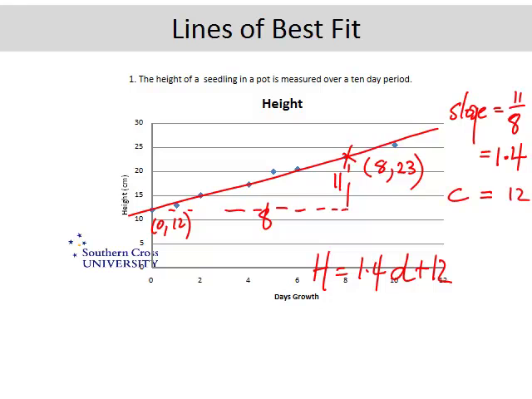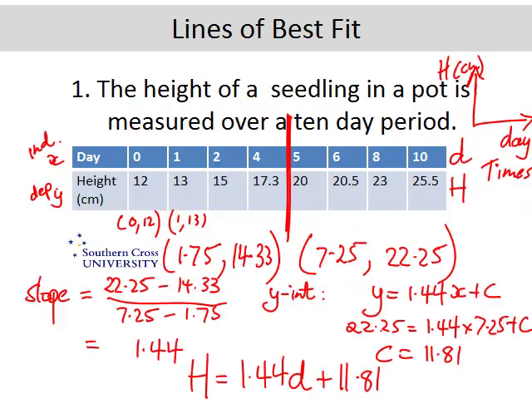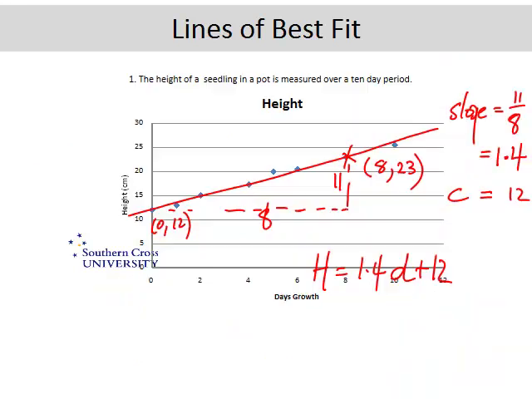Which one's right or which one's better than the other? Very difficult to say, but certainly the two averages method is a reliable thing, and you can get this answer, and the person next to you and the rest of the class can get that same answer. With a line of best fit by eye, everybody will get a slightly different answer because we will all have different interpretations of where that line will go.